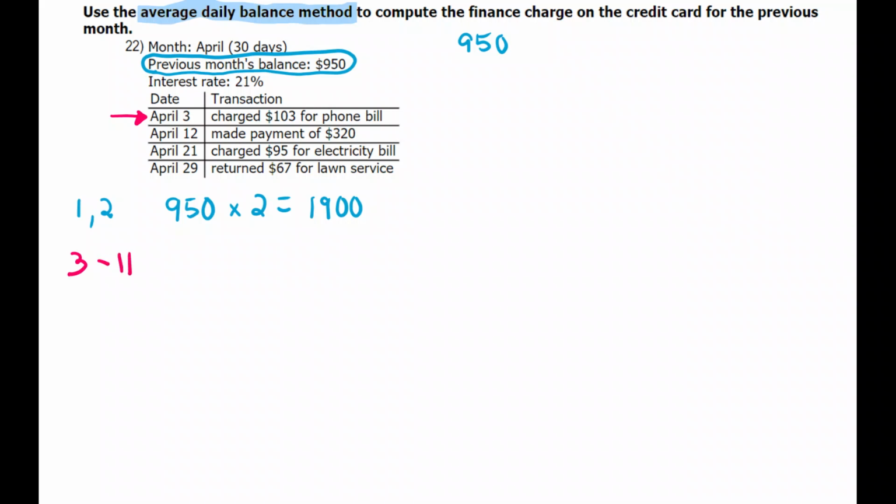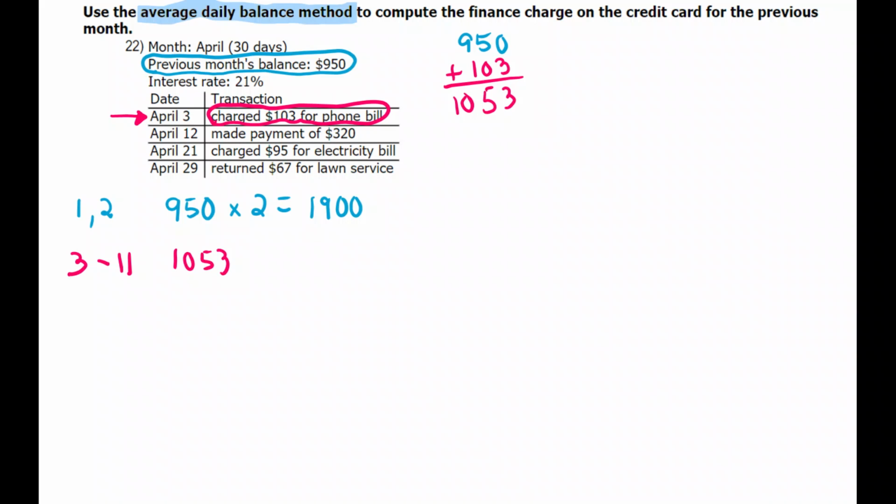So from the 3rd through the 11th, our balance is, we made a charge of $103. So that means our balance will go up by $103. It'll now be $1,053.